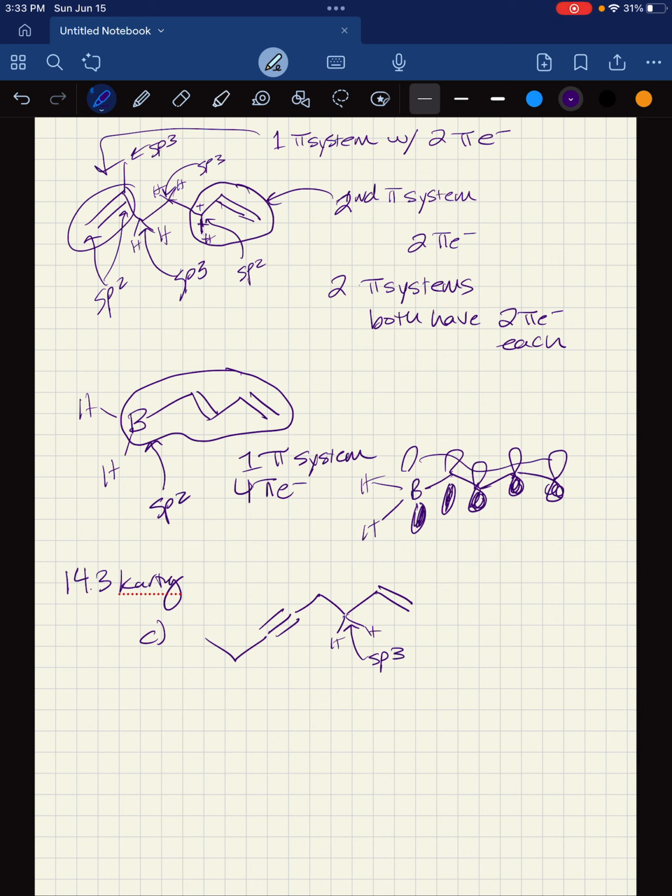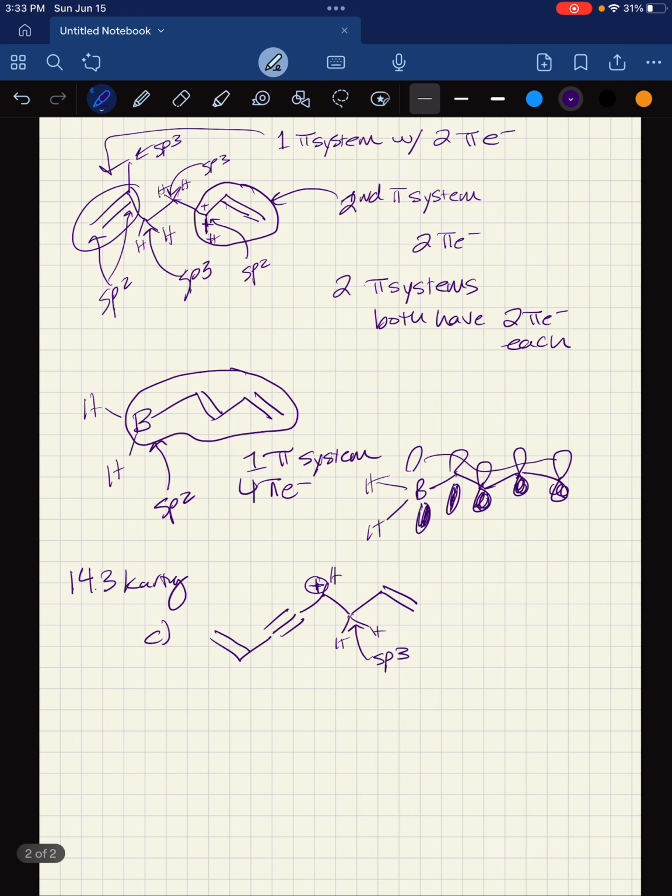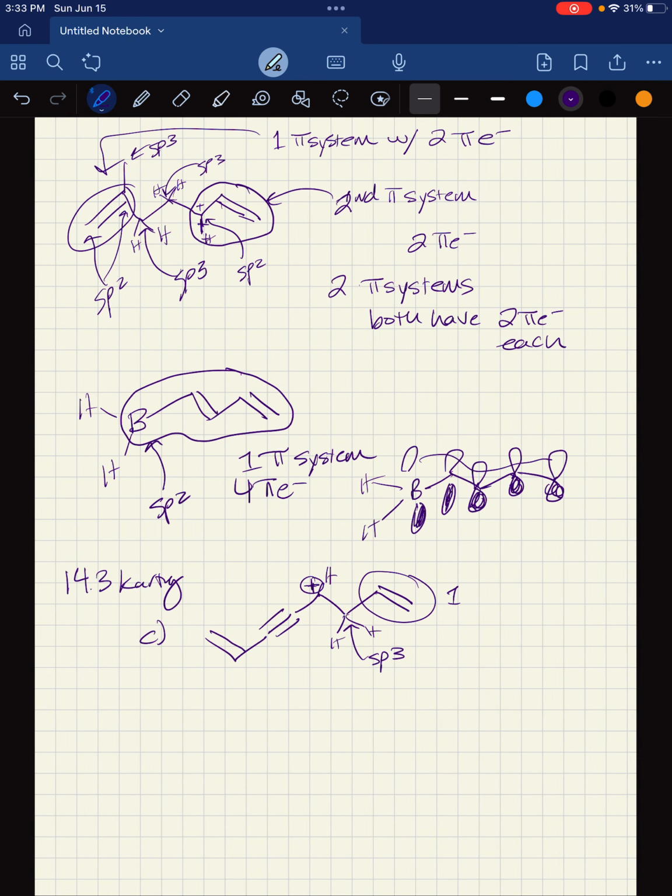So that's going to be an insulator. And then this carbon atom has a positive charge, so that's going to be sp2 hybridized. And then there's a pi bond out here. Now, this will be one pi system with 2 pi electrons.